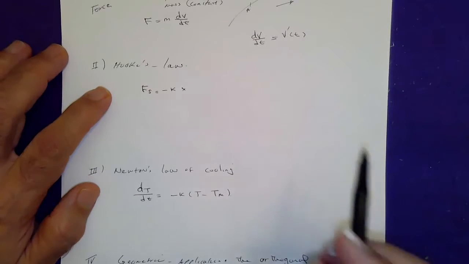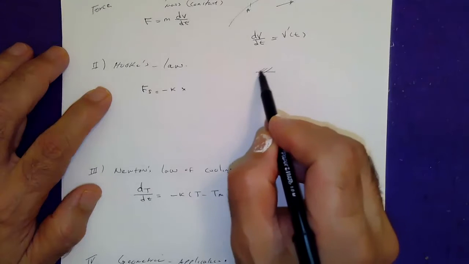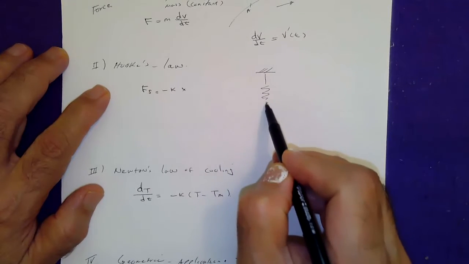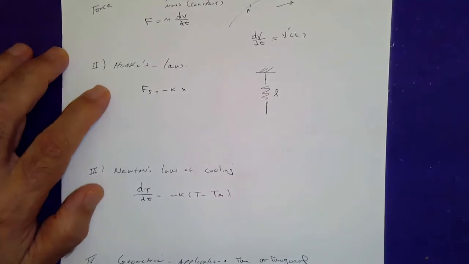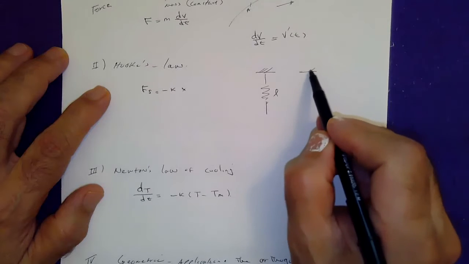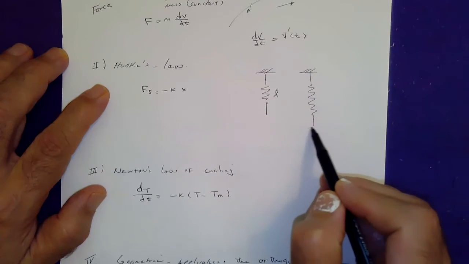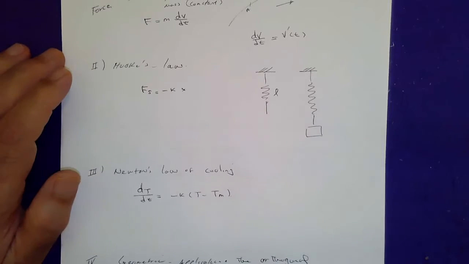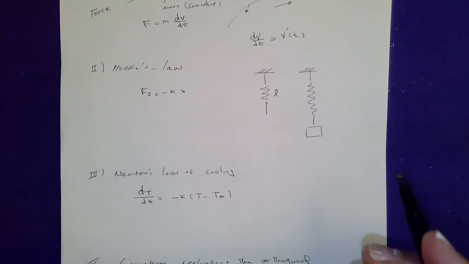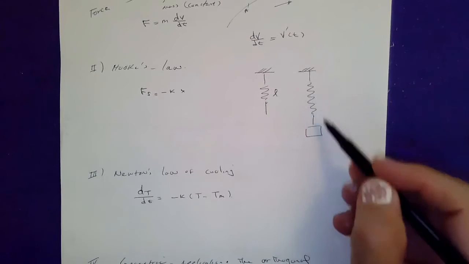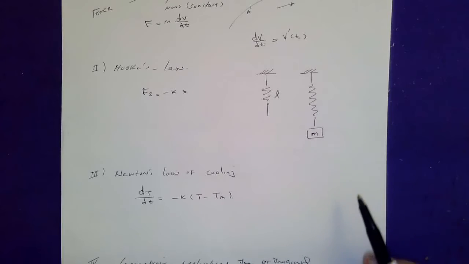Hooke's law. That's like if you have a spring. Here is the natural length of the spring. But let's say due to some force, we like to expand or stretch it, by attaching a mass m to it.